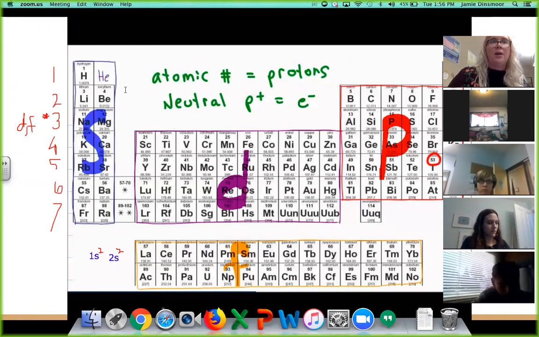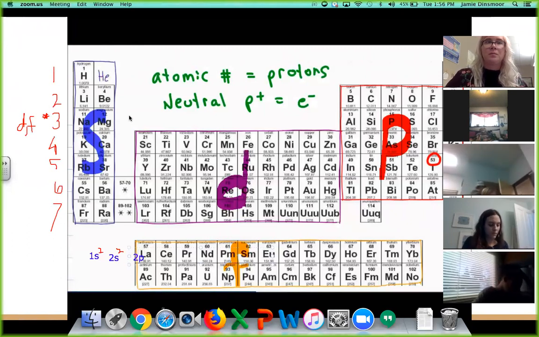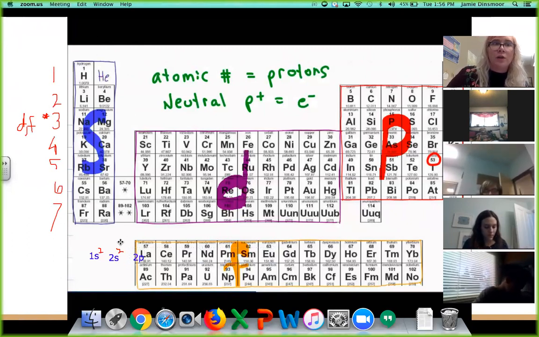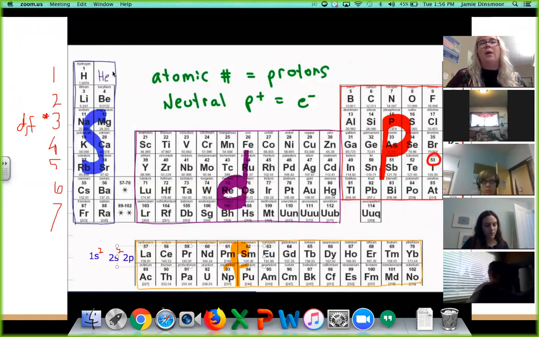So the final part of my electron configuration here would be 2p, which is barely showing up down here. And I would write a 2 exponent up there as well because I have 2 electrons in my p orbital in order to get to carbon. So 1s2, 2s2, 2p2 would be my electron configuration for carbon.